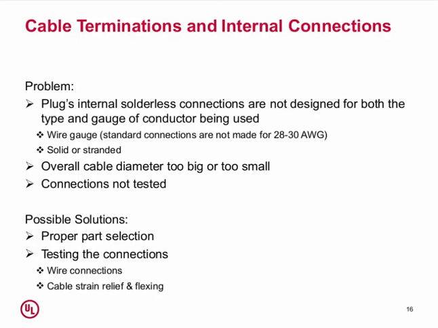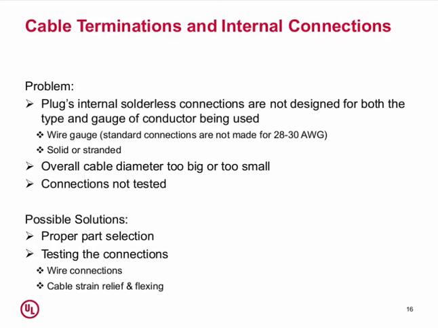It used to be that most of these things were 26 gauge stranded wires. So if I bought a plug from anybody, it was probably good for 26 gauge. Those same plugs may or may not be suitable for 28 gauge patch cord cabling, or 30 gauge patch cord cabling that we're seeing today.